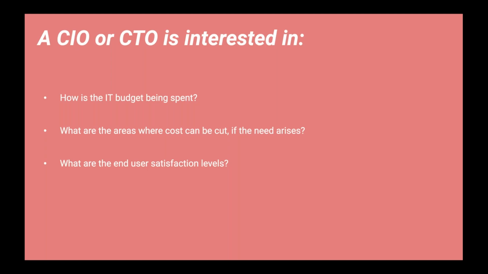Or he would want to know what are the different areas where costs can be cut, if the need arises to cut costs. And also he's going to be interested in how satisfied end users are. So those are some of the things that a CIO or a CTO would be interested in.